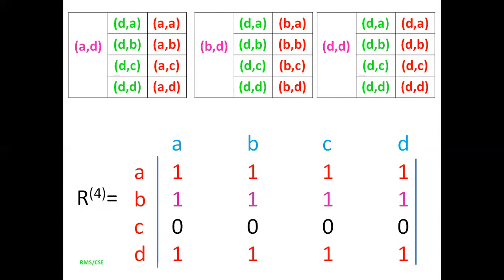So now this is R power 4, which shows ones in the Boolean matrix where there is a path from one vertex to the next vertex with intermediate vertices. This R power 4 shows the paths with a maximum of 4 intermediate vertices, and this forms the transitive closure for the given graph.